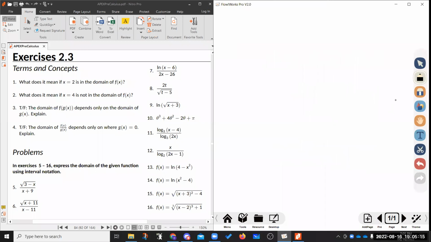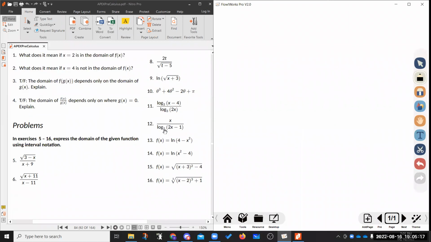Finishing up the problems here. Number 16. F of x is equal to the cube root of x minus 2 to the third plus 1. So we do not have any restrictions like we have on square roots with cube roots.